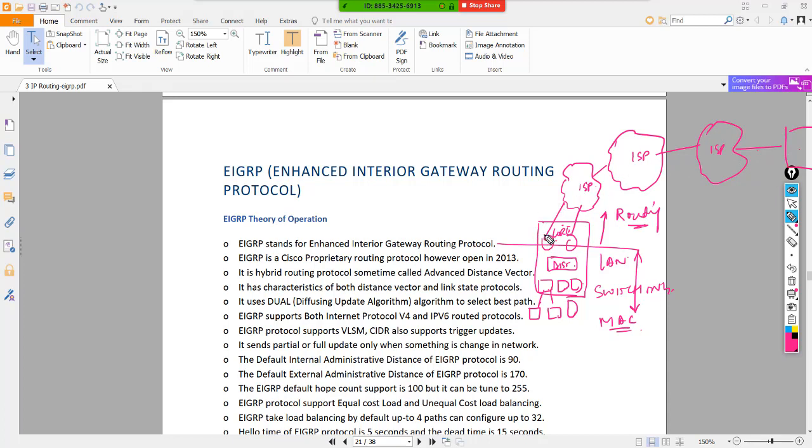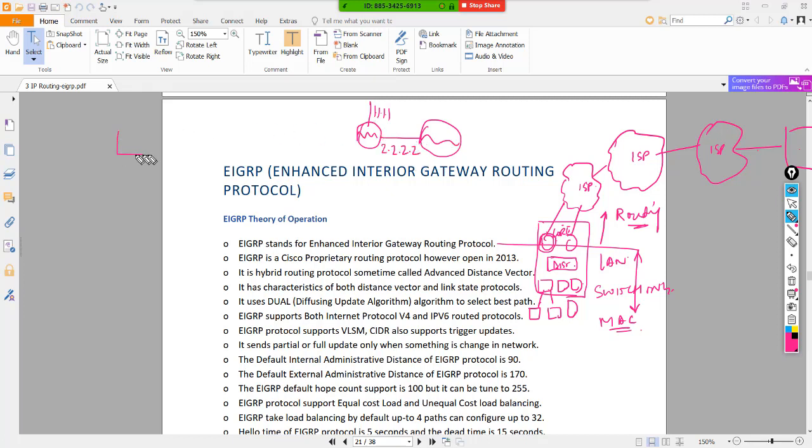Because these routers have individual networks on their interfaces. On a router, one interface will belong to one network. Similarly, I have another interface which is connecting to some other router or some other path, and that will be connected on a different network.